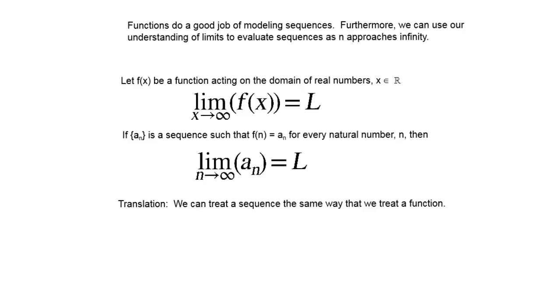Now, the nice thing about this is functions do a good job of modeling sequences. Furthermore, we can use our understanding of limits to evaluate sequences as n approaches infinity. So if f of x is a function acting on the domain of the real numbers, remember, real numbers are all the numbers that we've considered.